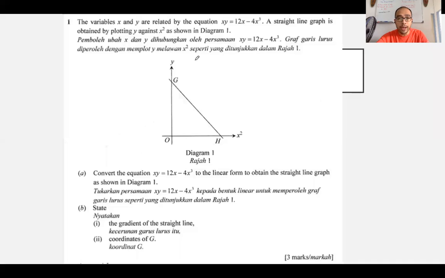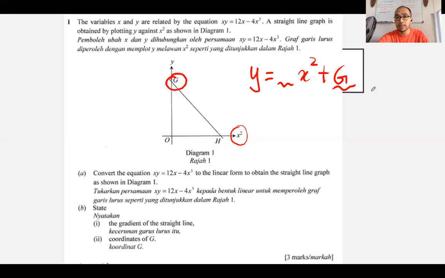So you know that the equation will be y, because this is our y-axis, equals the gradient times x squared plus g, where g is our y-intercept. So the question is, what is our gradient and what is our y-intercept?